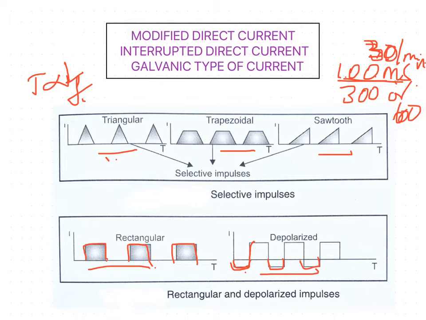The passage of direct current through an electrolyte causes chemical changes to take place at the electrodes. Now that constant direct current is rarely used, the chances of chemical burn are much reduced, and the risk is further reduced by the use of depolarized impulses.